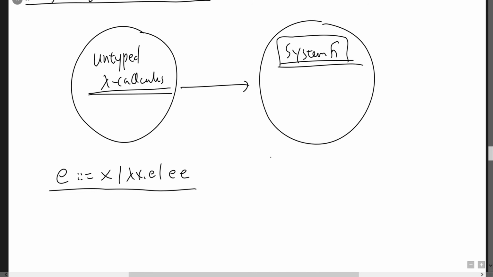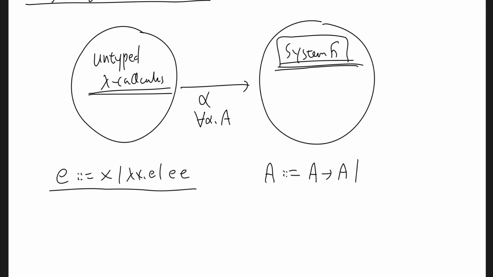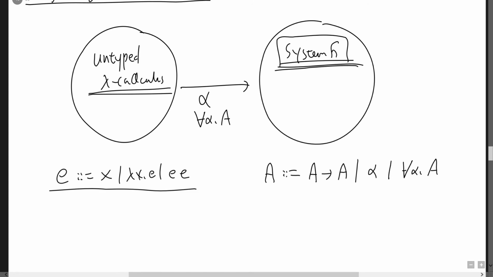That is, we introduce type variables alpha and polymorphic types for all alpha A. So specifically, in System F, we now have types. First, we have this function type, and we have polymorphic types. And in order to express polymorphic types, we have to first introduce type variables like alpha, beta, gamma, etc. And then we have this polymorphic type for all alpha A.